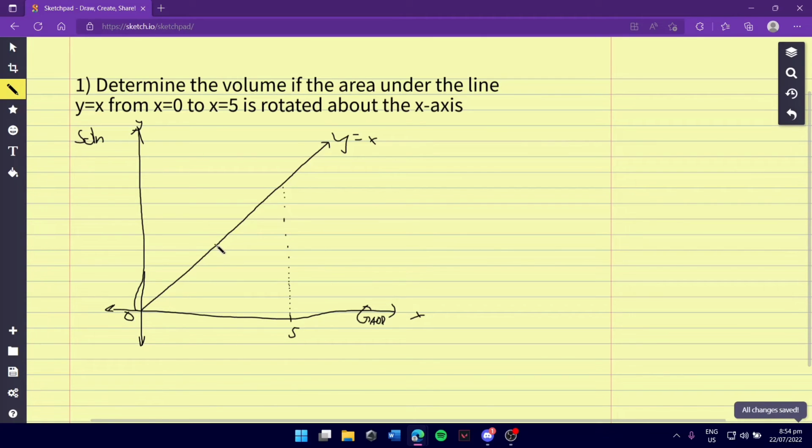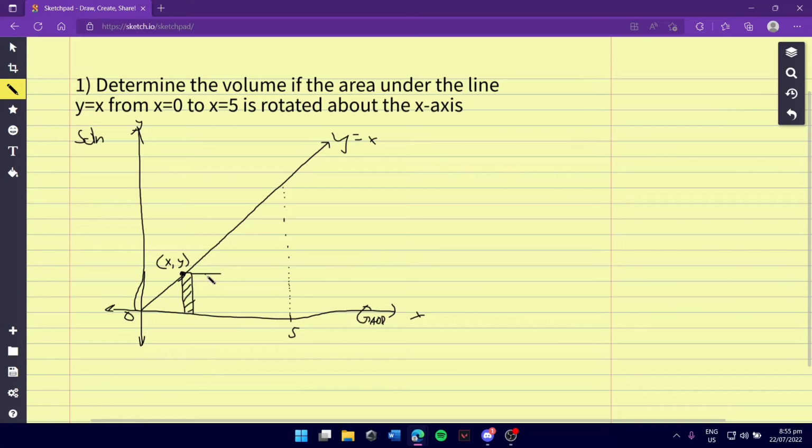So first, I'm gonna label. This is your point where your vertical strips will be done. So this is now your vertical strip, and your point here is called y and x. Next, determining the value of x and y.